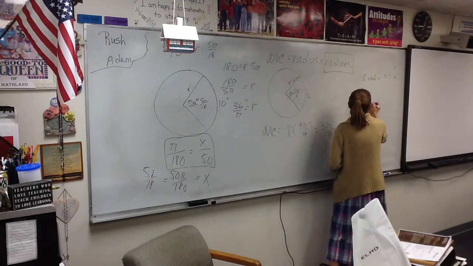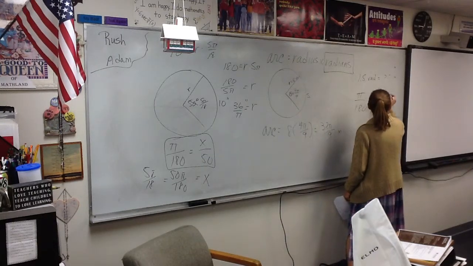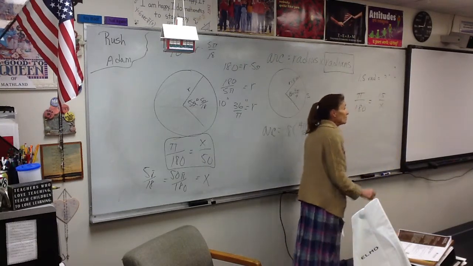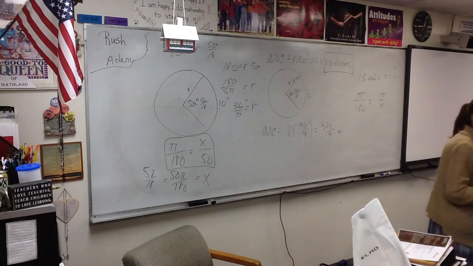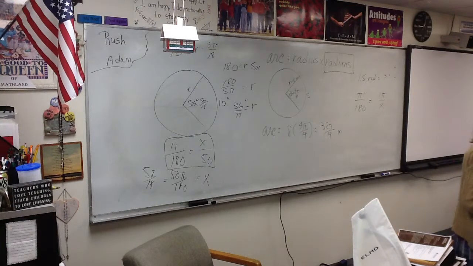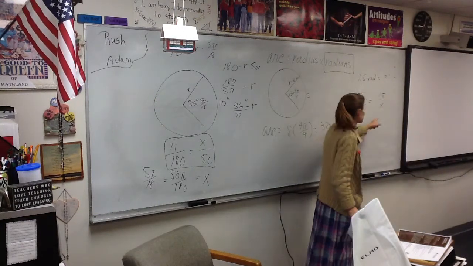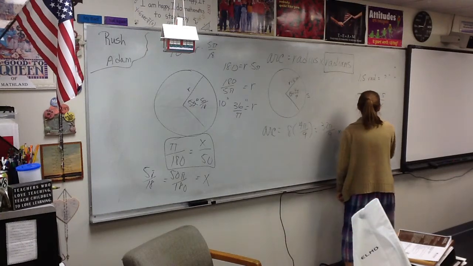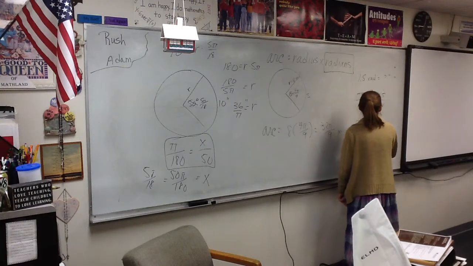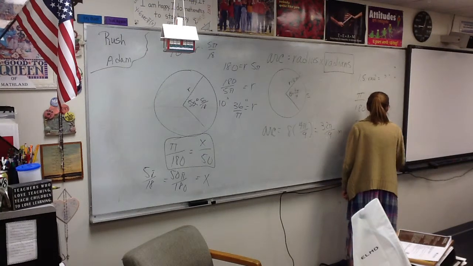That never, ever changes. 1.5 over x. How come it's 1.5 over x and not x over 1.5? It's radians over degrees. If you say pi over 180, then you're going to say 1.5 radians over how many degrees? So pi x equals, what, is that 270? So x equals 270 over pi degrees.